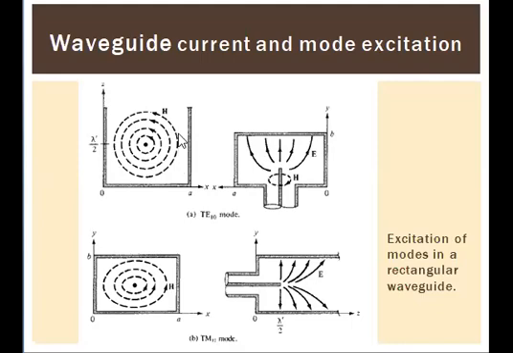Similarly, if we want to excite the TM11 mode, it is launched by placing the probe along the z direction as shown in this figure. For TE10, the probe was set on the x line. If we consider the TM11 mode, the probe is located along the z direction.